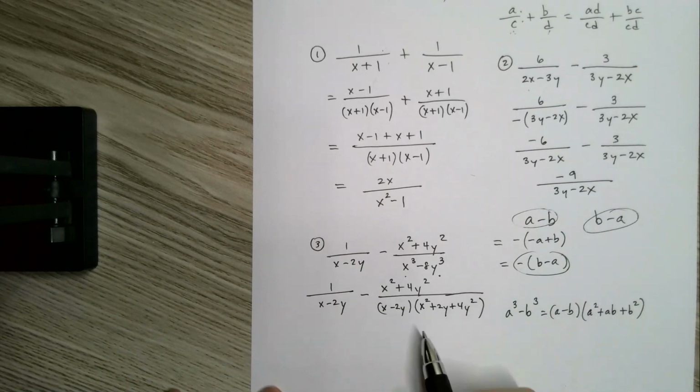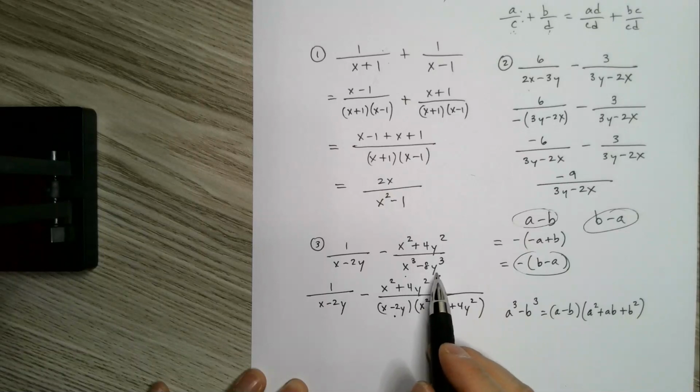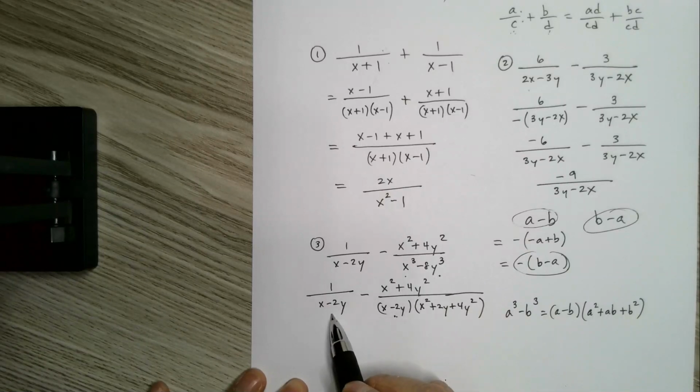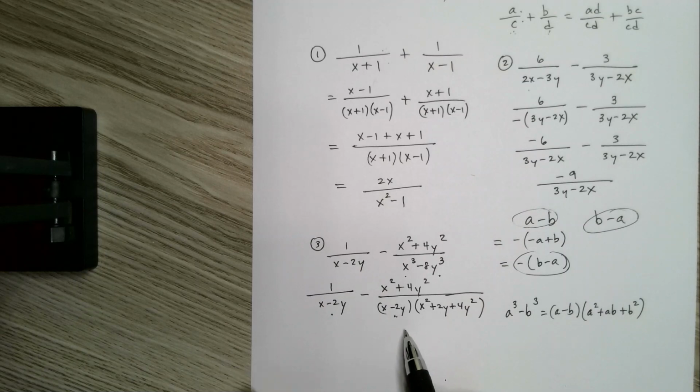Okay, there we go. And you'll see that one of the factors of x cubed minus 8y cubed is x minus 2y. So that means the least common denominator is this.